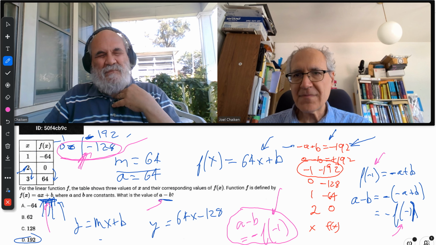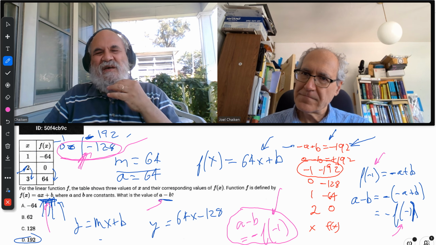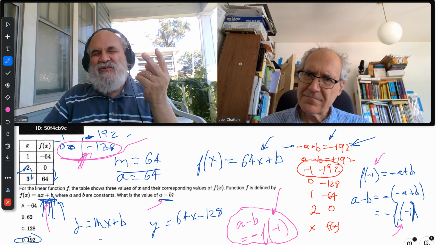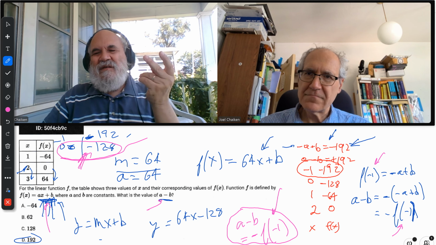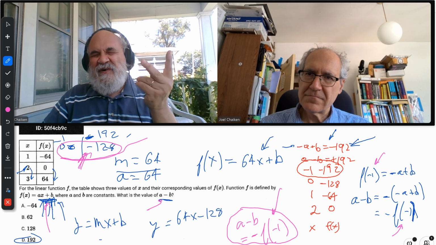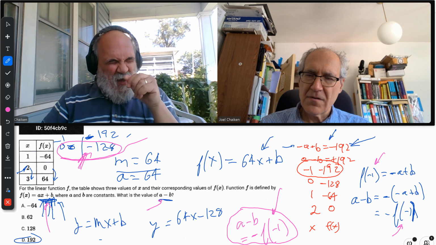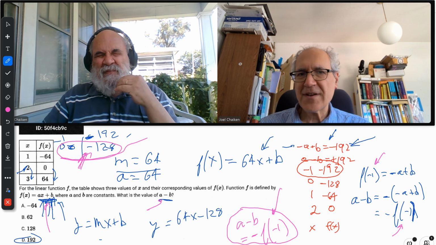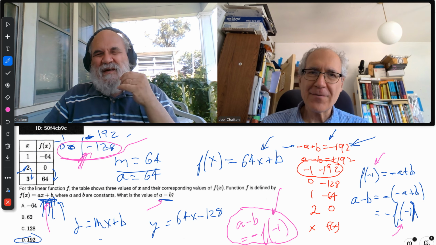I'd say 2 things combined into one: to relate the table form of a linear function to the slope-intercept form, or an algebraic form.